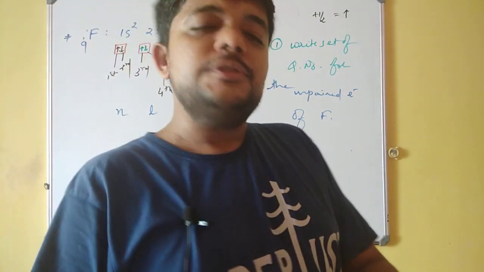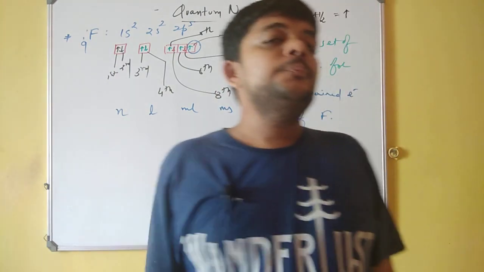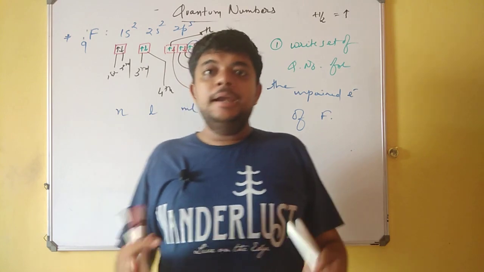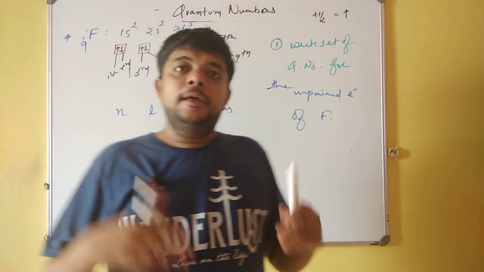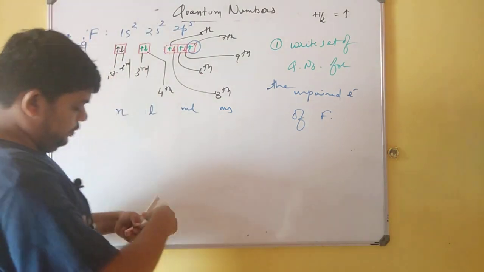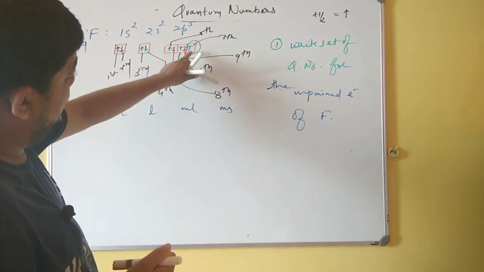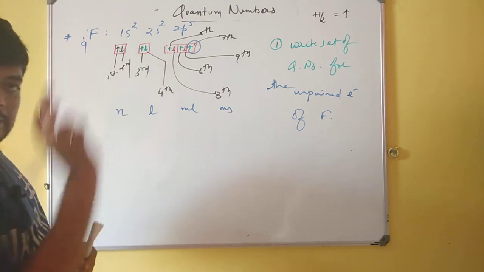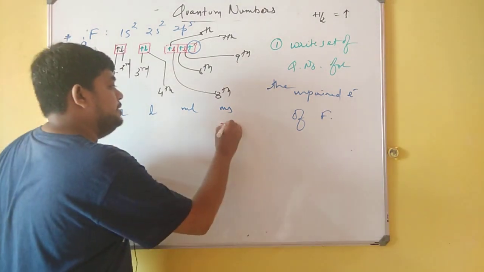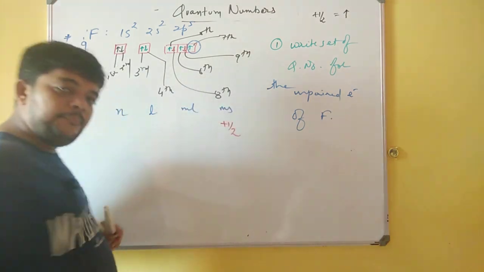Always first complete the ms value, and as decided, the upward arrow is plus half and the downward arrow is minus half. Here you could see that it is the green colored upward arrow, so I will just mention it as plus half.